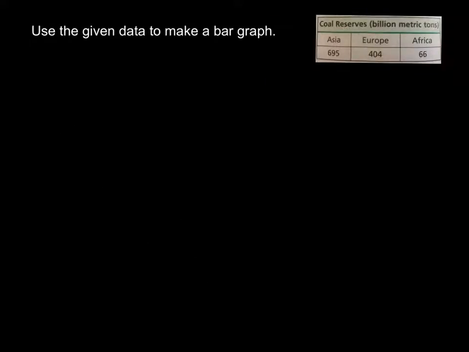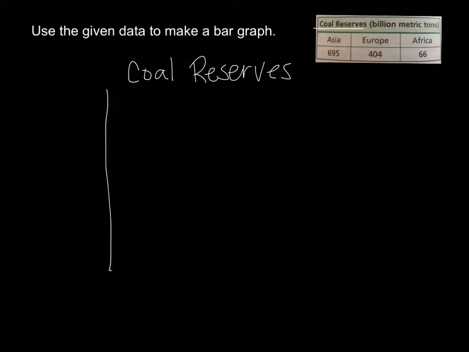Now this is where it's going to get a little bit trickier. We need to take the data that we have and put it into a bar graph. So I know my title of my bar graph is going to be coal reserves. Okay, that's the title. Then I'm going to make my x and y axis.